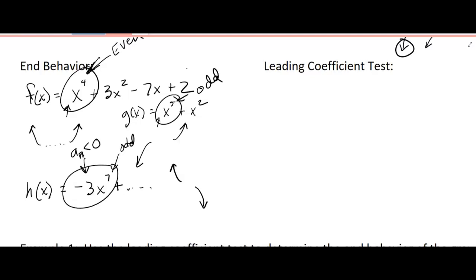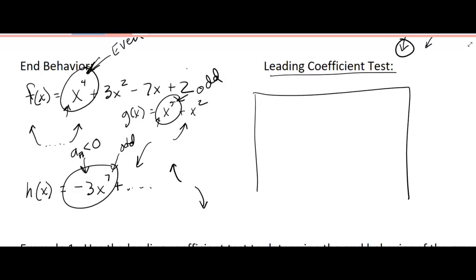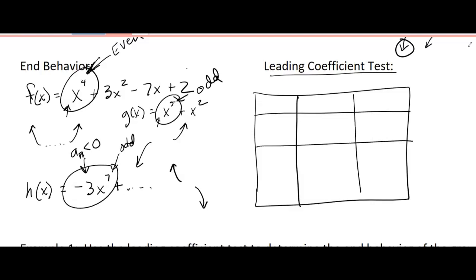I'm going to give you a chart called the leading coefficient test. It's based on two things. First of all, n is even.